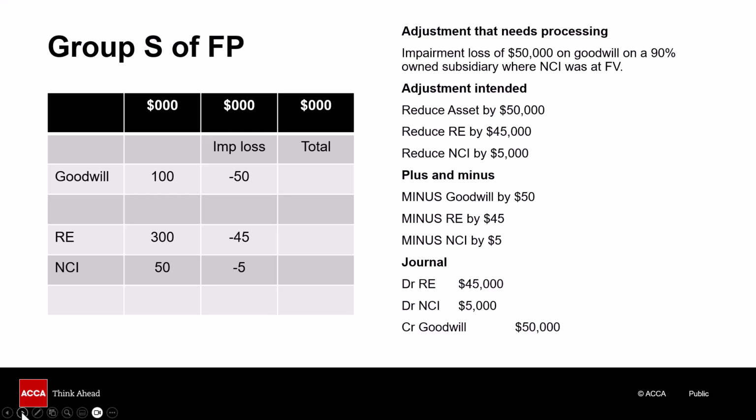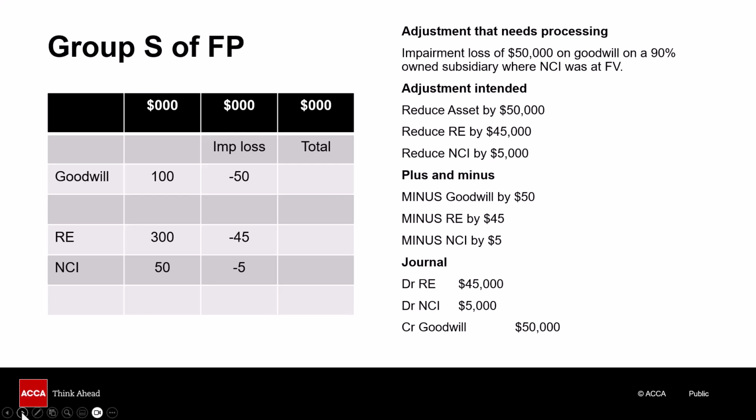So in journal entry terms, those of you who like journals, those of you who think in journals, that's how the journal entry looks. And in a group statement of financial position, journals can be helpful in articulating and explaining what you are doing. But typically, when you're updating the spreadsheet, you will get all of the marks for the pluses and minus.